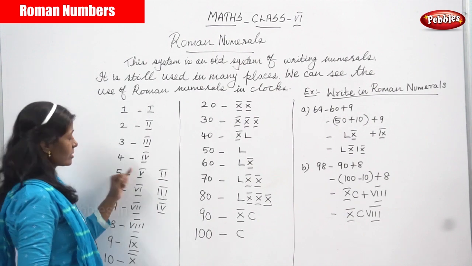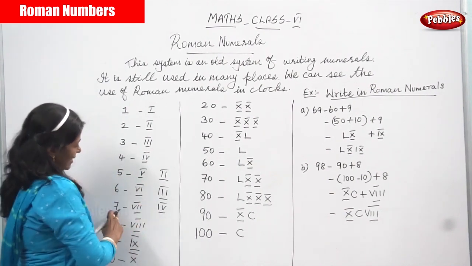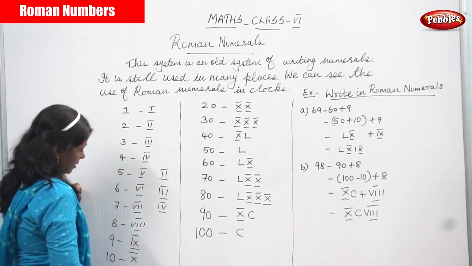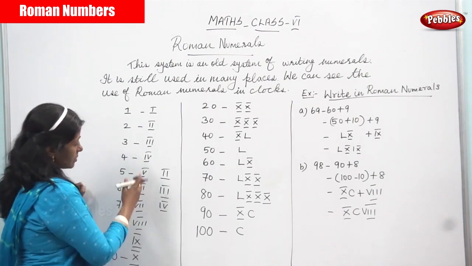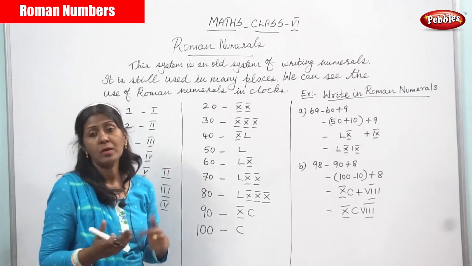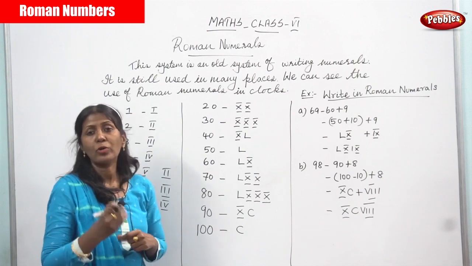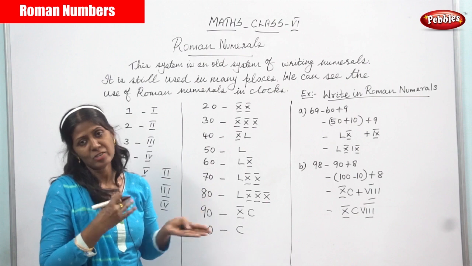And 5 is called V, and 6 is V and I, and 7 is V and double I, and 8 is V and triple I, and 9 is I and X. Okay. So all these numbers come under what? English alphabets. Okay, it's combined together. If you want to identify the letters, you can use the English alphabets.